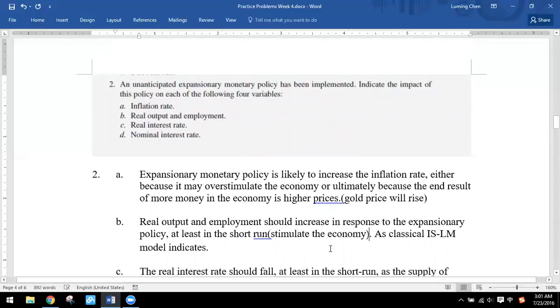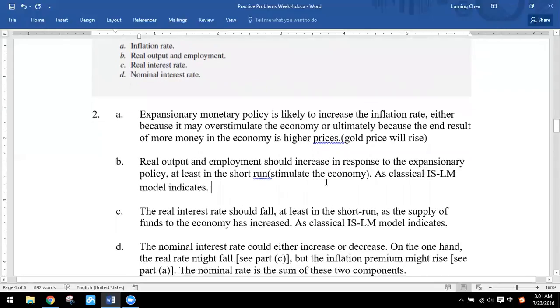As the classical IS-LM curve indicates, the IS curve is downward sloping and the LM curve is upward sloping. The y-axis is output, and the x-axis, the horizontal axis, is the interest rate. So if the LM curve shifts, the output and employment should increase, and the real interest rate should fall.